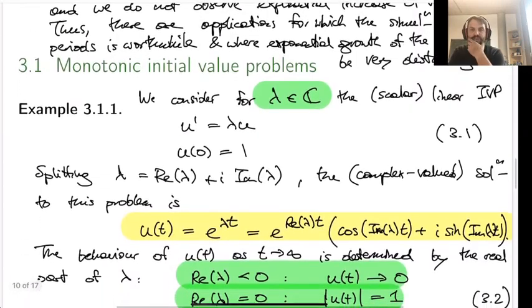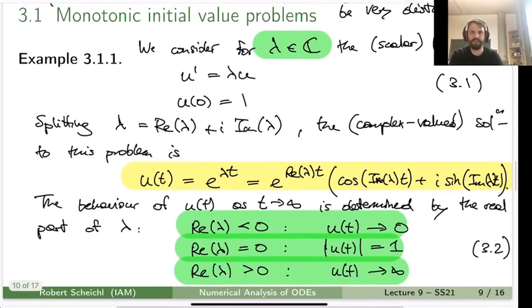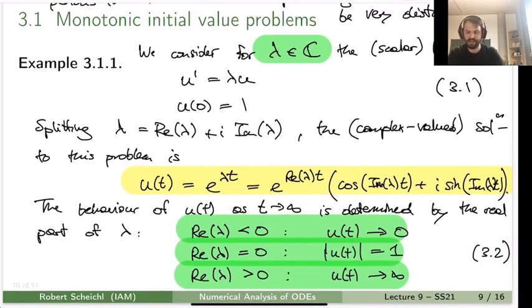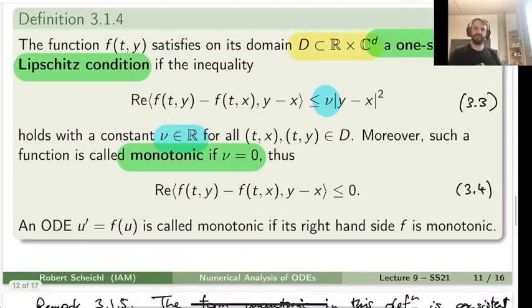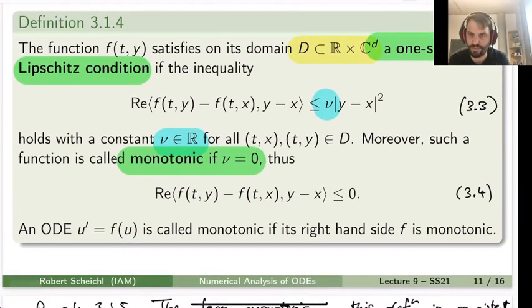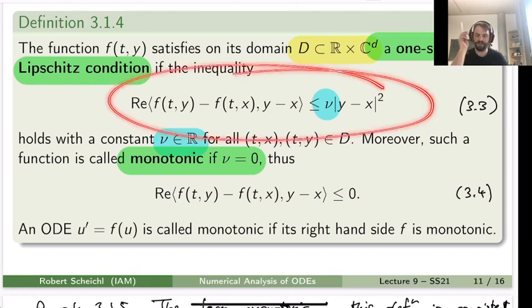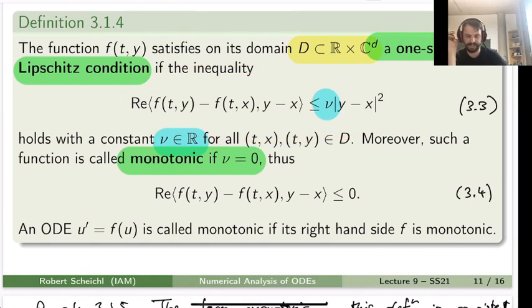So we have to restrict ourselves to a subclass of initial value problems, and to do so we look at the model 1D complex initial value problems given in 3.1 here, which has 3 regimes depending on the real part of lambda. And then we said that for 2 of those regimes, namely if the real part of lambda is non-positive, we can get a sharper stability result for the continuous setting, no discretization yet, namely the one-sided Lipschitz condition given here in 3.3 is a sufficient criterion to guarantee stability.